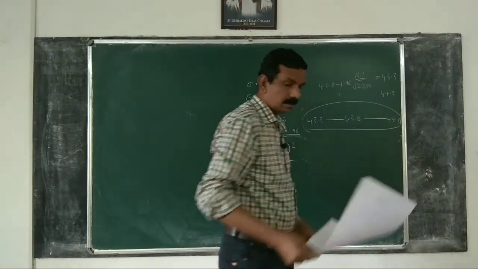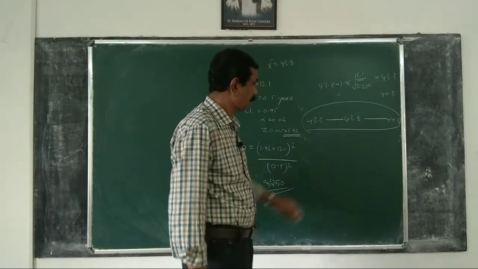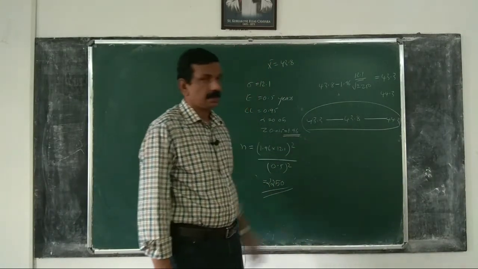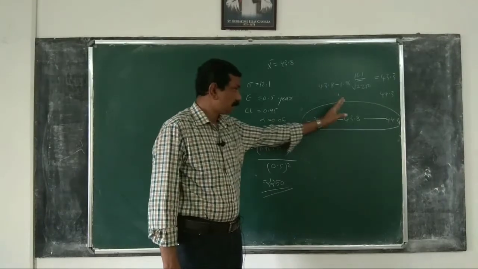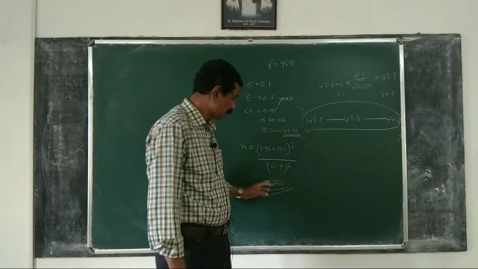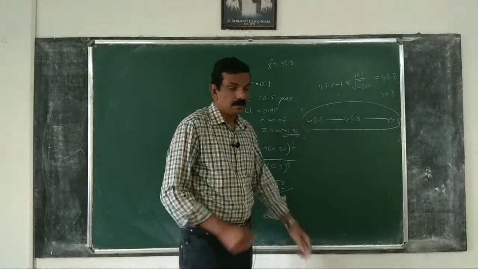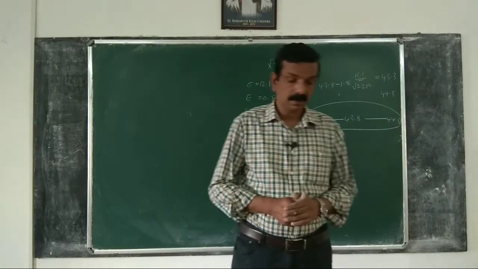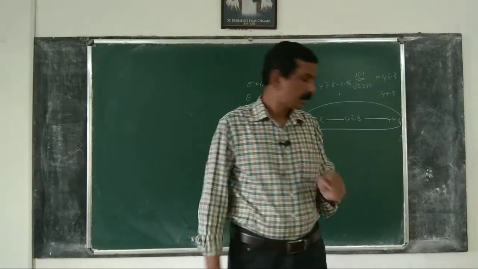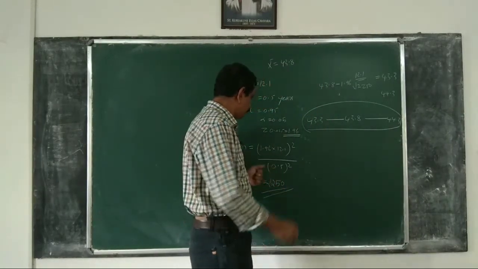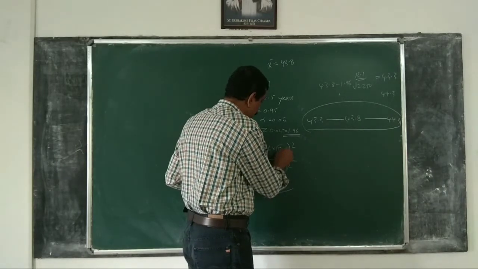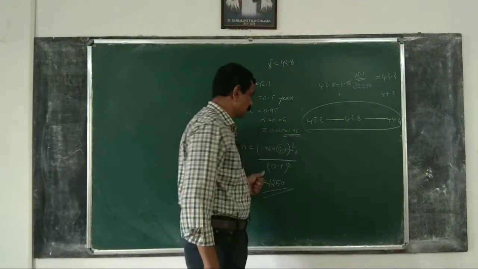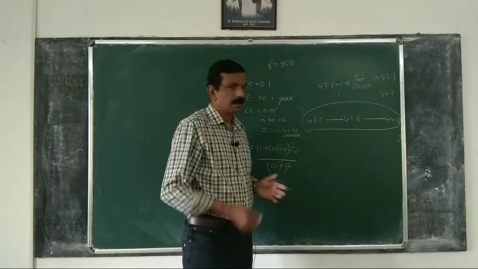So confidence level is stated in advance. E is also stated in advance. So required sample size is 2250. And remember this, to calculate this value sigma must be known. But in most cases sigma is unknown.